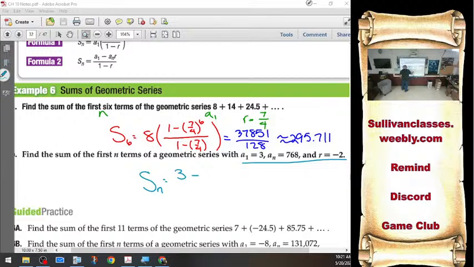It's a sub 1 minus a sub n times r, which is 768 times negative 2, all over 1 minus r, negative 2. 1536, 1539 over 3, 513.